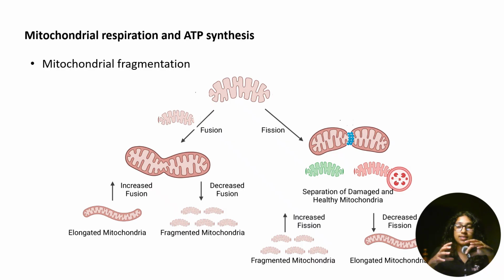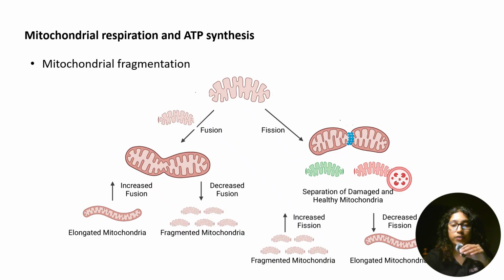Also, they increase in width, and sometimes in branching as well. A lot of times these diagrams don't show the branching of mitochondria, but they are beautiful when you see them in different microscopic images, especially when they are tagged.